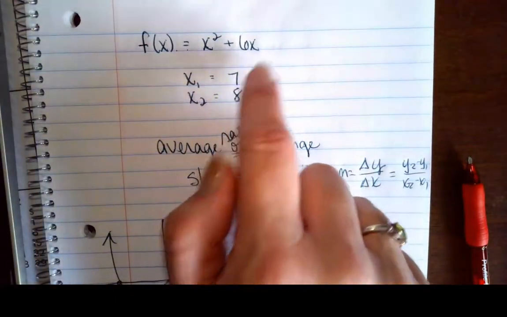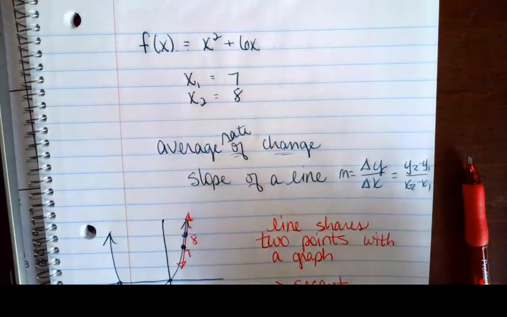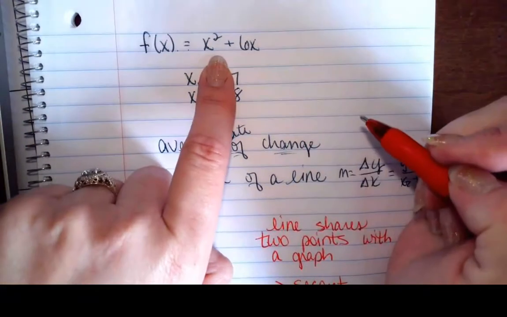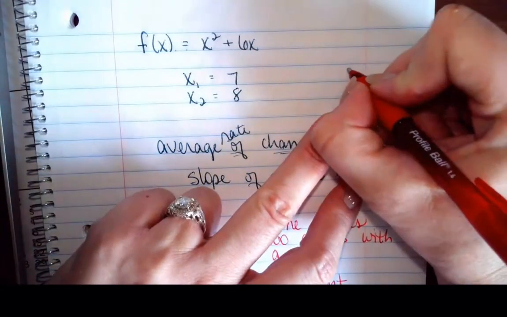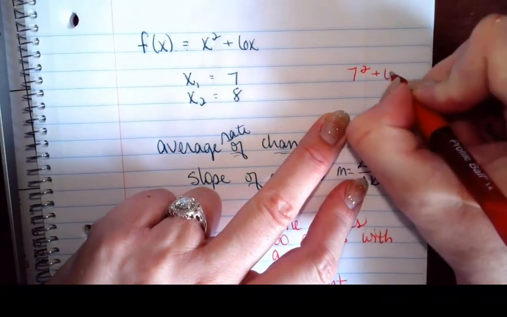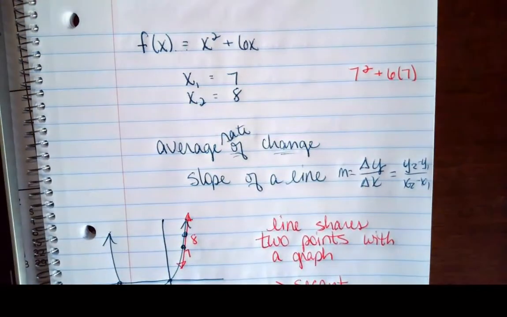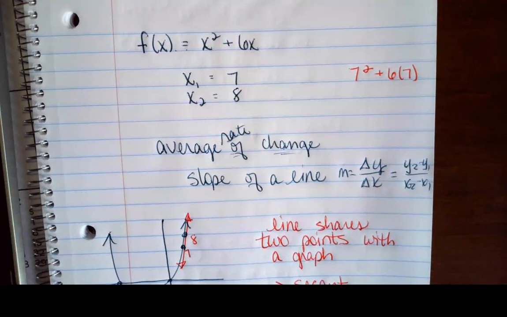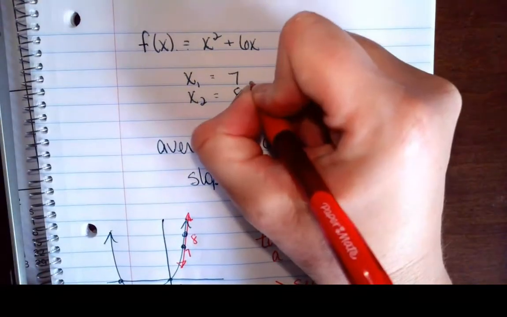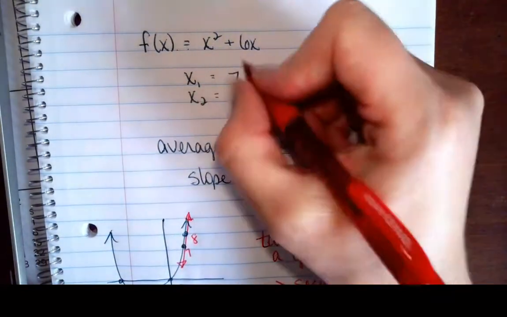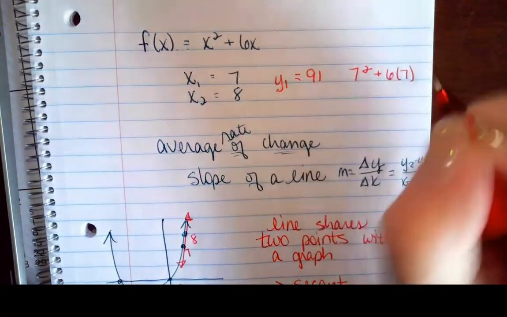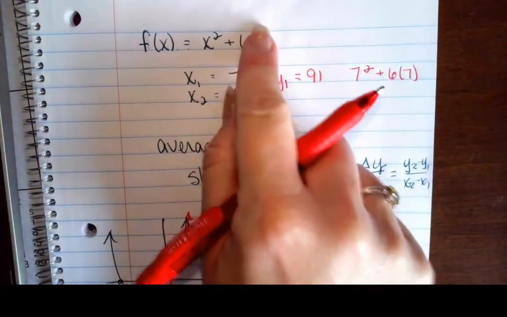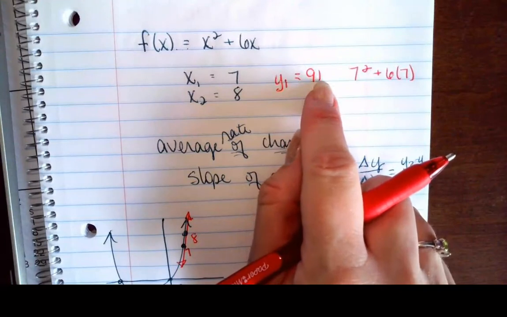I only have x's. Well, I can go back up and find the corresponding y coordinates by evaluating these x values in my parabola. So to do 7, I'm going to do 7 squared plus 6 times 7. That's going to give me 49 plus 42, which is 91. So the point x1 is at 7, and it has a y1 of 91.